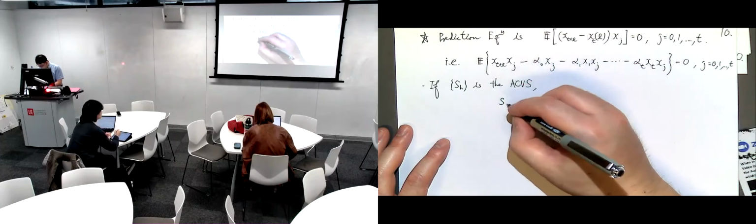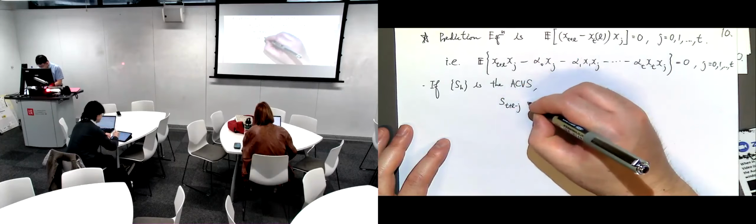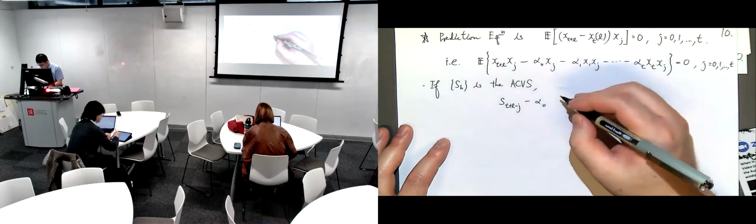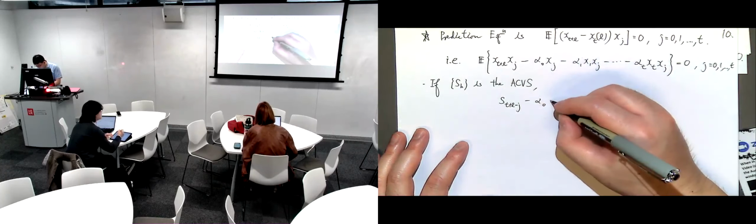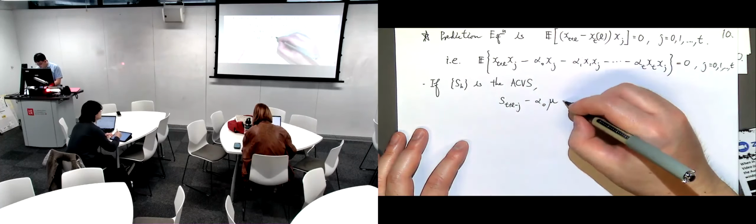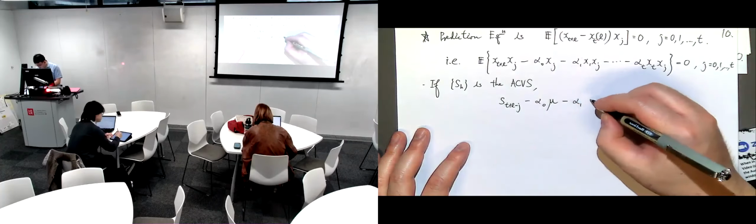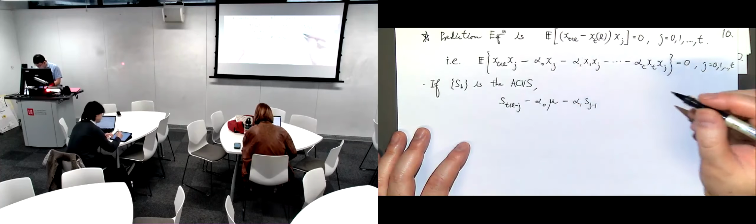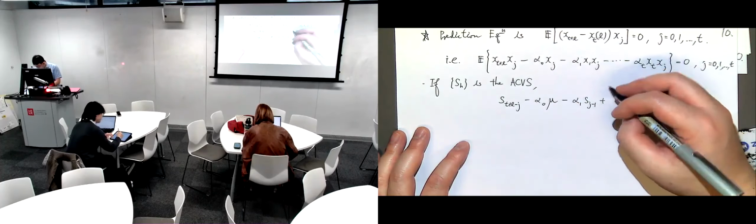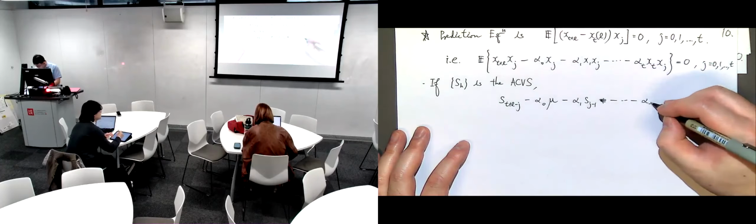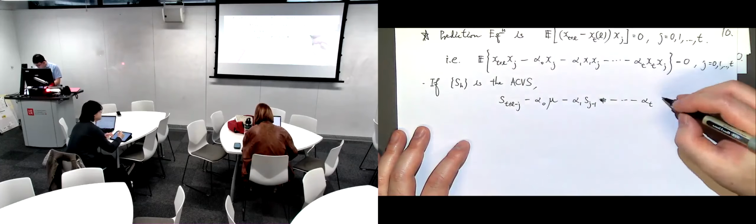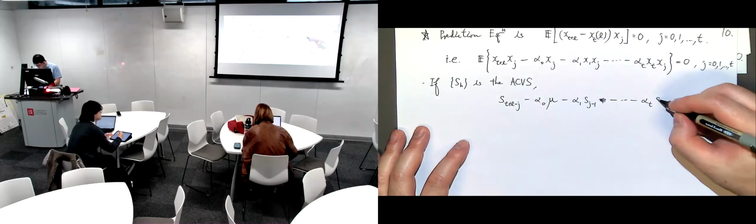So it's S(t+L-j), and then minus alpha_0 times the expectation of X_j, which is mu, and then minus alpha_1 S(j-1), all the way up to minus alpha_t times the expectation of X_t X_j, which is S(j-t), or S(t-j).